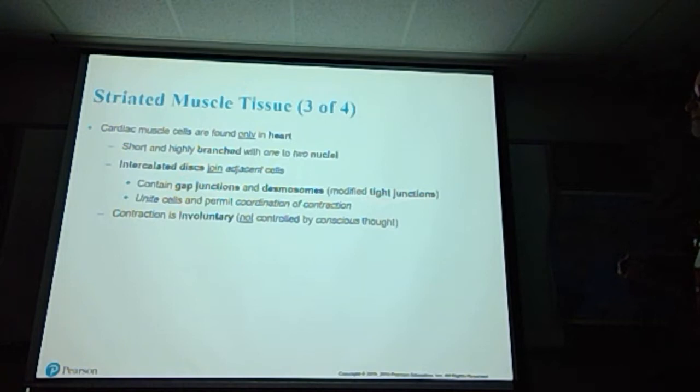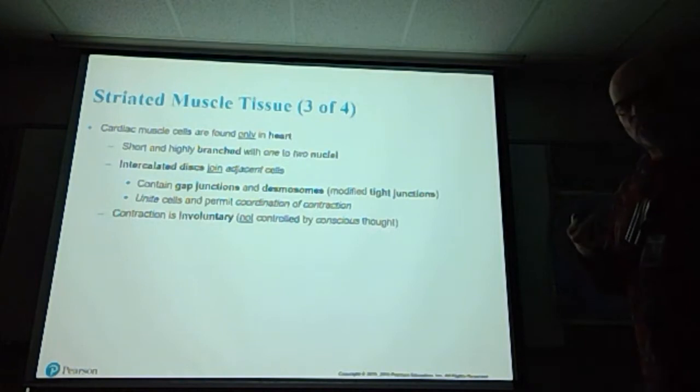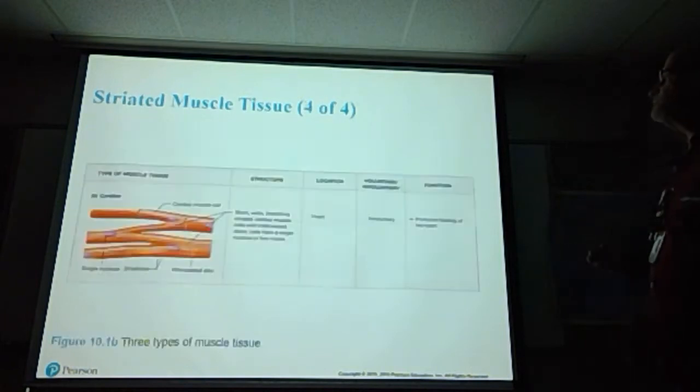They unite cells and permit coordination of contraction. When the heart muscle contracts, it contracts completely and then relaxes completely. Contraction of the heart muscle is involuntary, not controlled by conscious thought. We do not control how often our heart beats with our conscious thought.